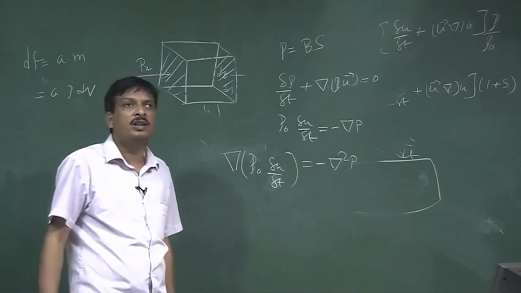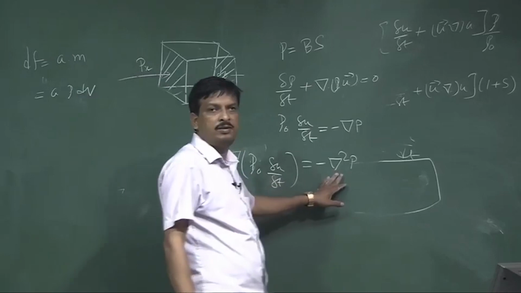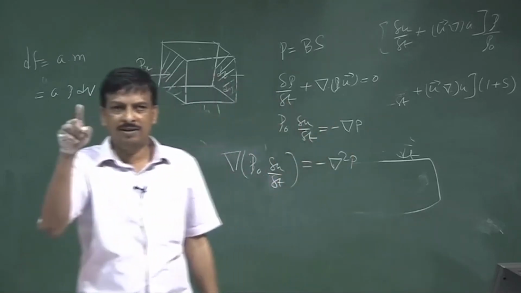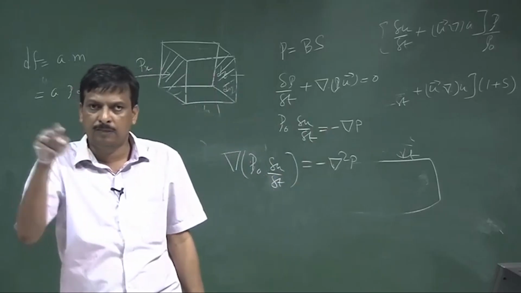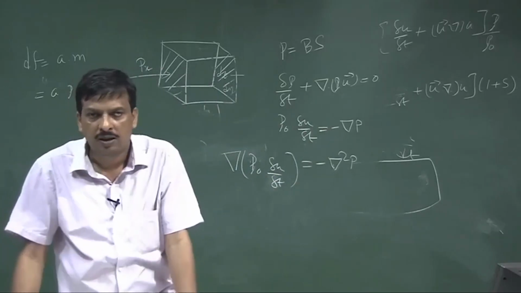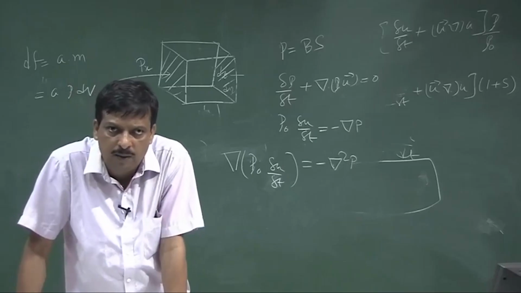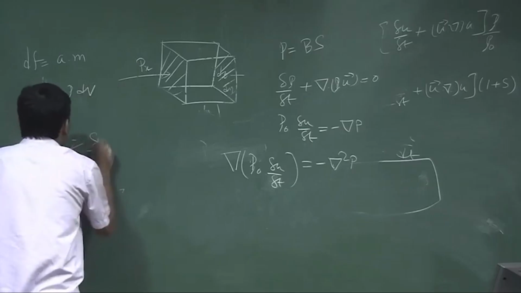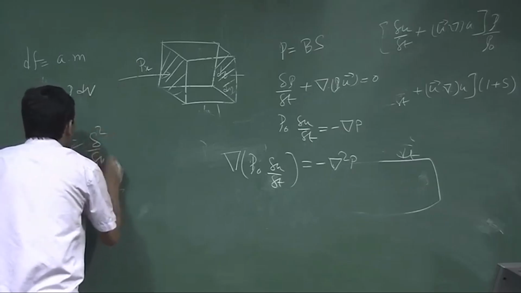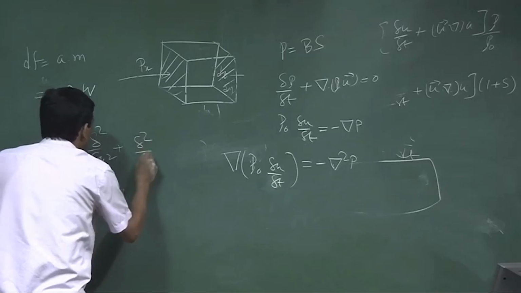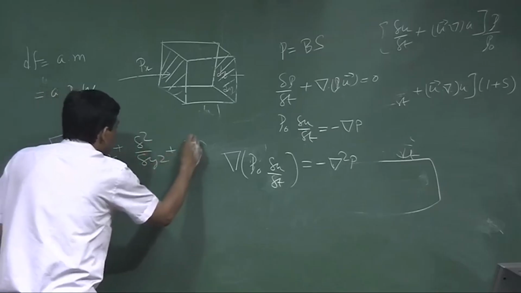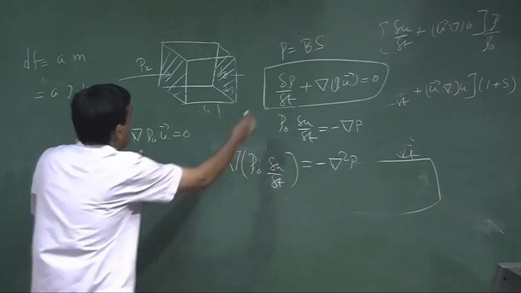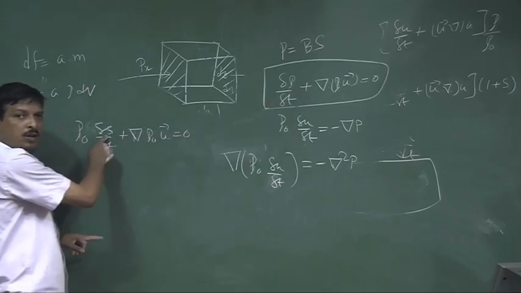Del square is called the 3-dimensional Laplacian operator. It is nothing but del square by del x square plus del square by del y square plus del square by del z square. So, that is the Laplacian operator. That is what I get. Instead of rho, I use it in terms of condensation.